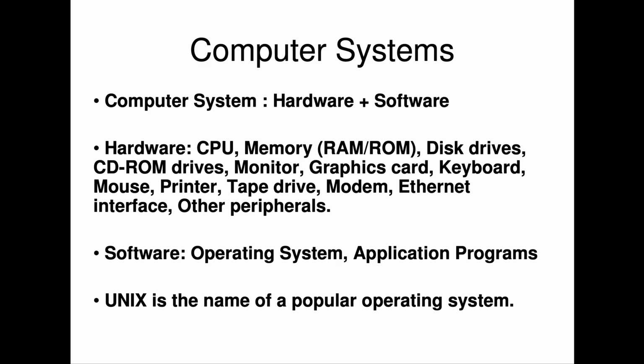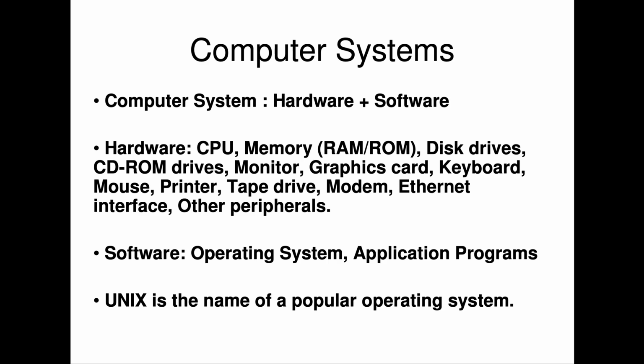The application programs, there are tons of them and you interact with them every day. For example, you use a web browser like Chrome, Firefox. You may be using word processing, an Excel spreadsheet program. They are all application programs to serve some purpose.